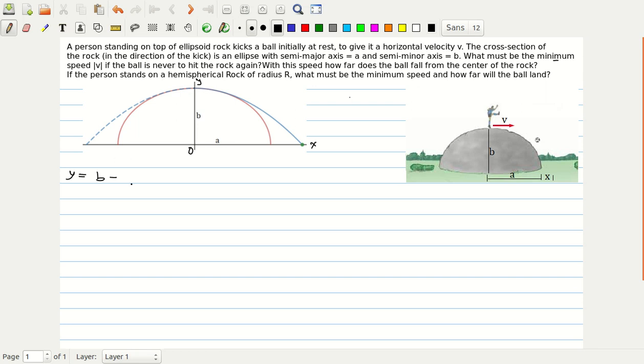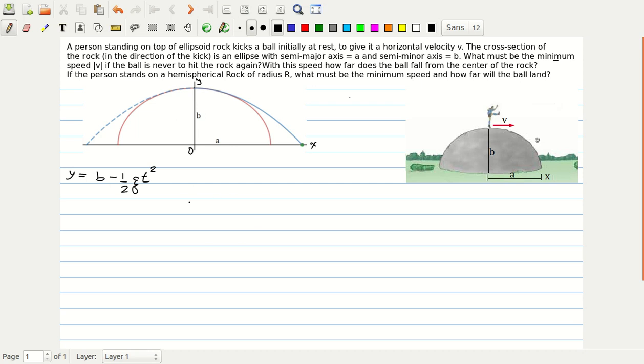So using ut plus half at square, you get b, which is the initial height, minus half g t square. We are using minus because g is acting in the negative y direction. So y equals b minus half g t square is the equation of motion for the football in the vertical direction.